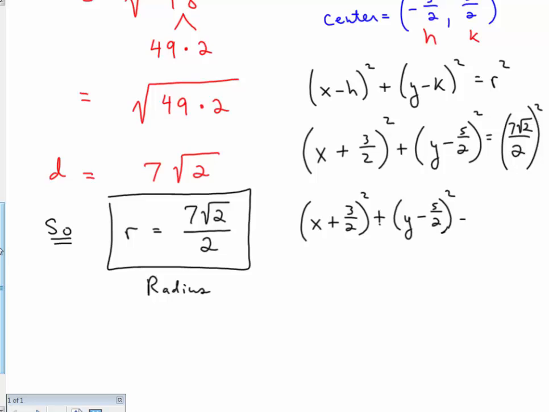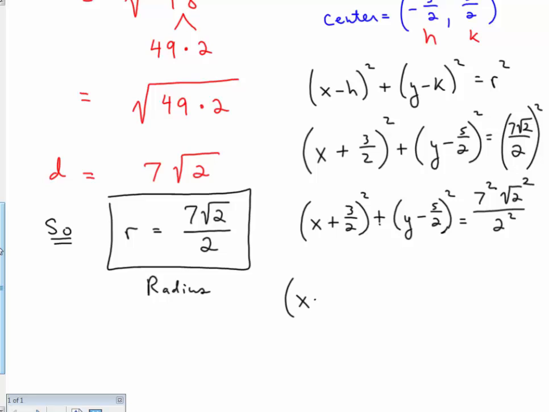The right-hand side, however, does simplify. When you have a fraction and it's squared, you're going to square each piece of your fraction. So the 7 will get squared, the square root of 2 will get squared, and the 2 on the bottom will get squared.